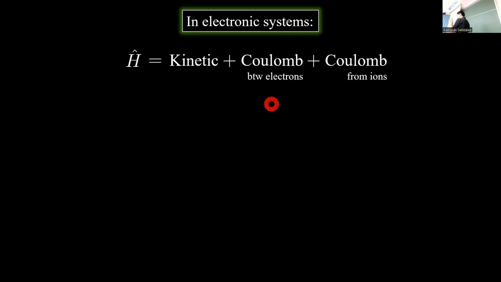And if we consider an atom or a solid state, we need to treat the Coulomb interaction from the nuclei or ions. People in condensed matter physics do not treat nucleonic degrees of freedom, of course. They just treat them as positively charged point particles and calculate the Coulomb interaction from those atomic nuclei. So in electronic systems, the interaction is very well known, just a Coulomb interaction.